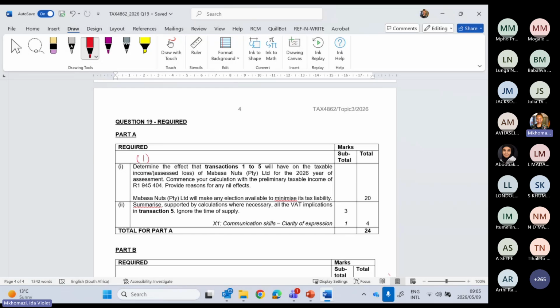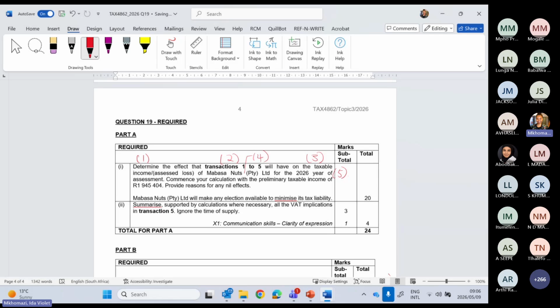So determine and calculate would mean one and the same thing, right? So you need to calculate the effect that transactions 1 to 5 will have on the taxable income or assessed loss, that's number 3, for Mabasa Nuts Pty Ltd, which is the company that we are going to look at in the question for the 2026 year of assessment.